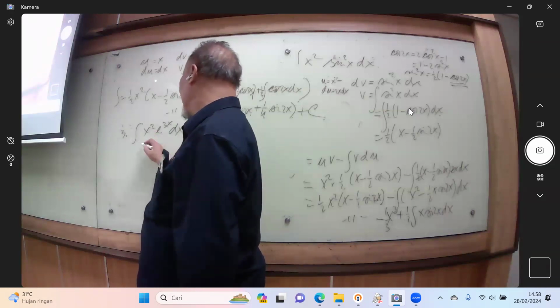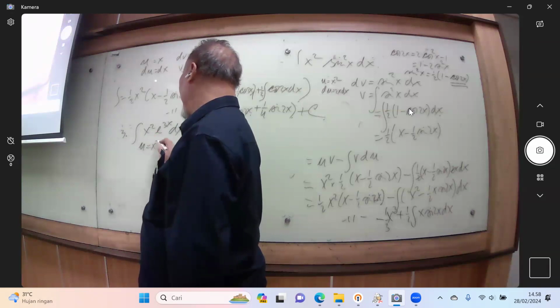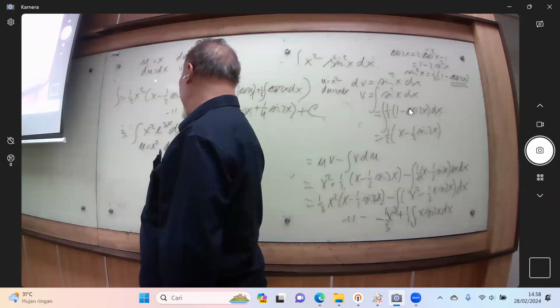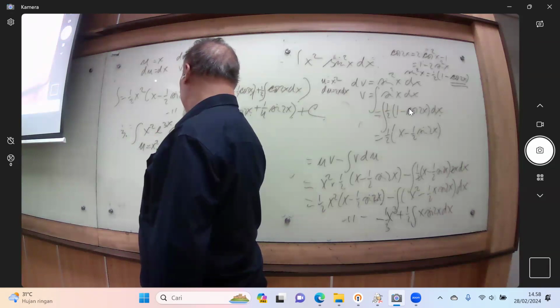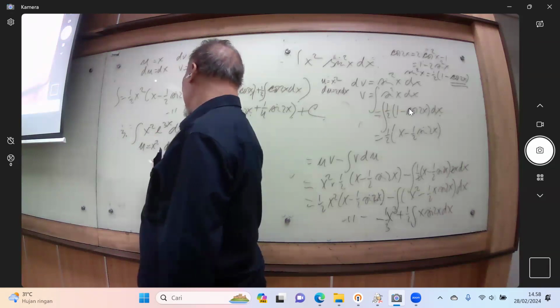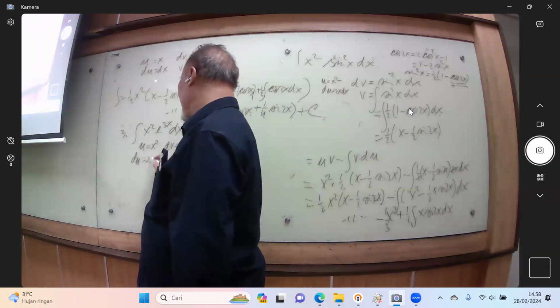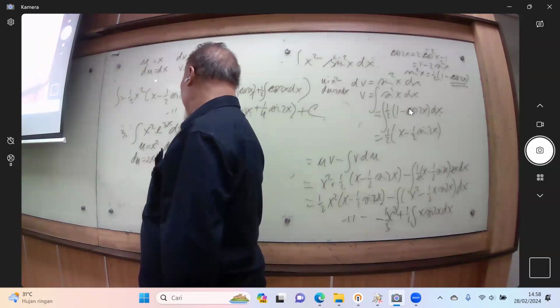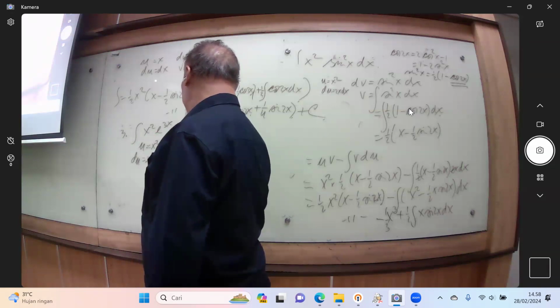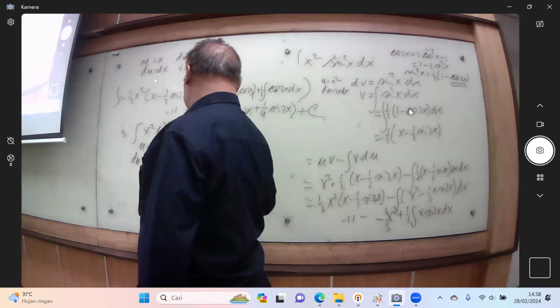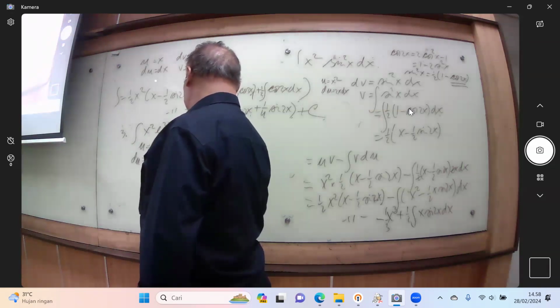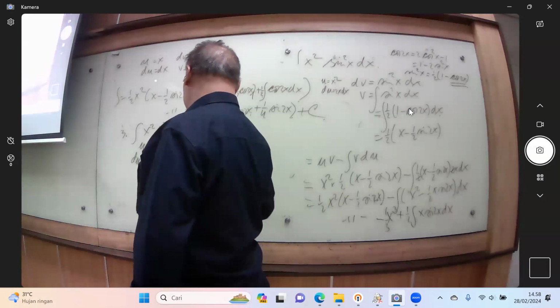Now again, we use u as x squared, and dv is e power of 3x dx. So du, again, the power of x squared becomes 2x dx, and v is the integral of e power of 3x dx, which is 1/3 e power of 3x.